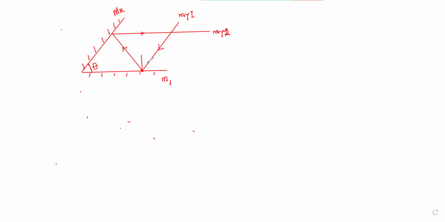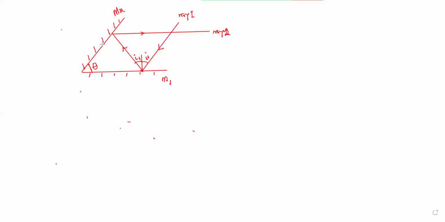So this is the angle of incidence. This is also the angle of reflection, but angle of incidence is always equal to angle of reflection. So if the angle of incidence is I1, the angle of reflection is also I1.